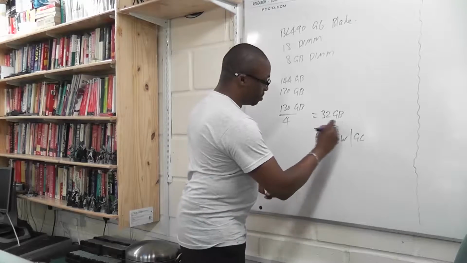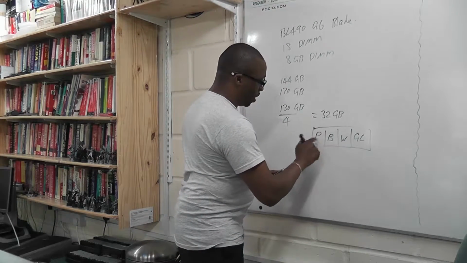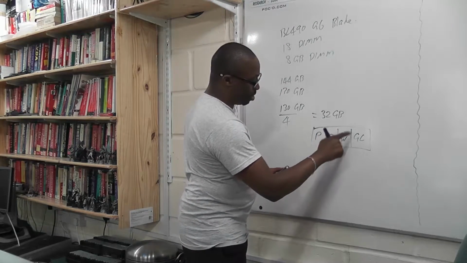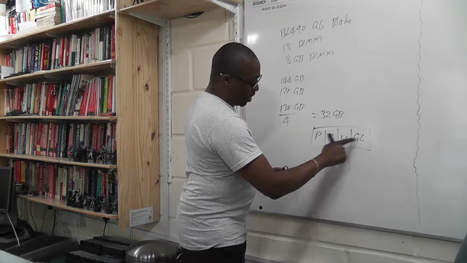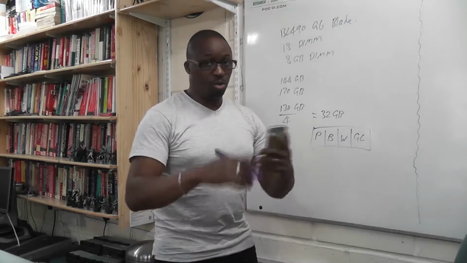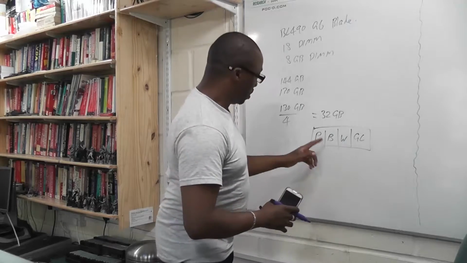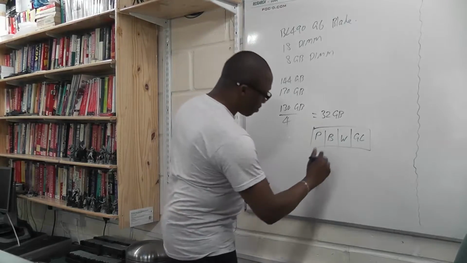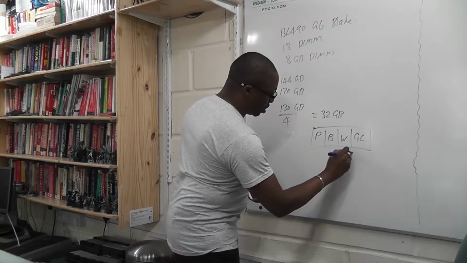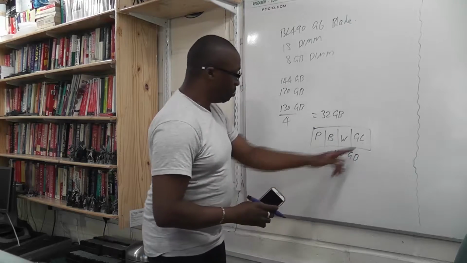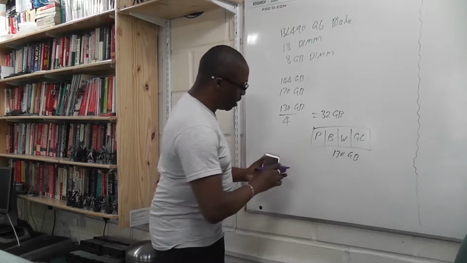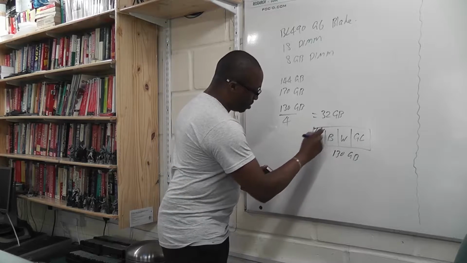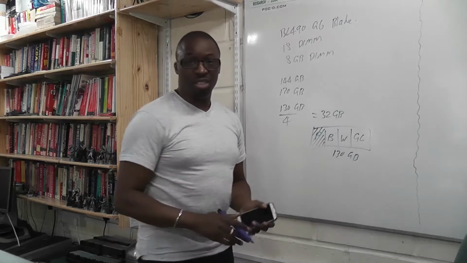So look at this. You've got 4 areas: primary data, backup data, working memory for calculations, and GC, garbage collection, to clean up the process. This is the total memory space on the server, 130 gig, and hence I've divided by 4, because this is the area for the data you actually insert into the cluster.